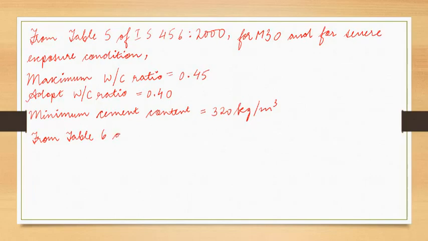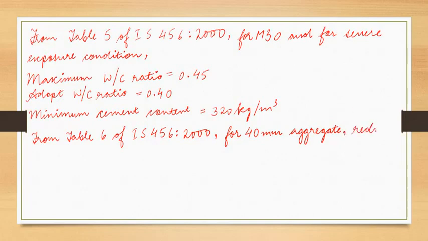From table 6 of IS 456 2000, for 40 mm aggregate, reduce 30 kg from minimum cement content.